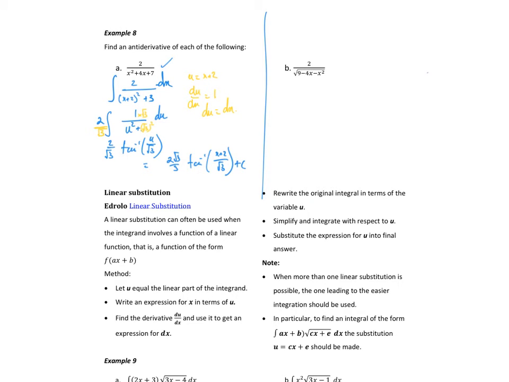So let's complete the square on that. I'm going to put the negative out the front so I don't confuse myself with negative signs. If I complete the square on that, I get x plus 2 all squared, so it's plus 4 minus 4 minus 9.